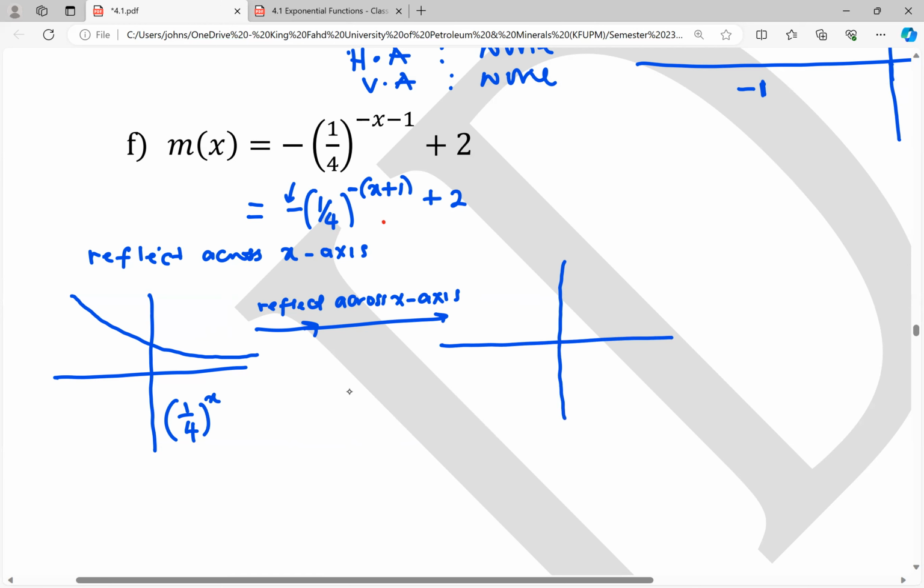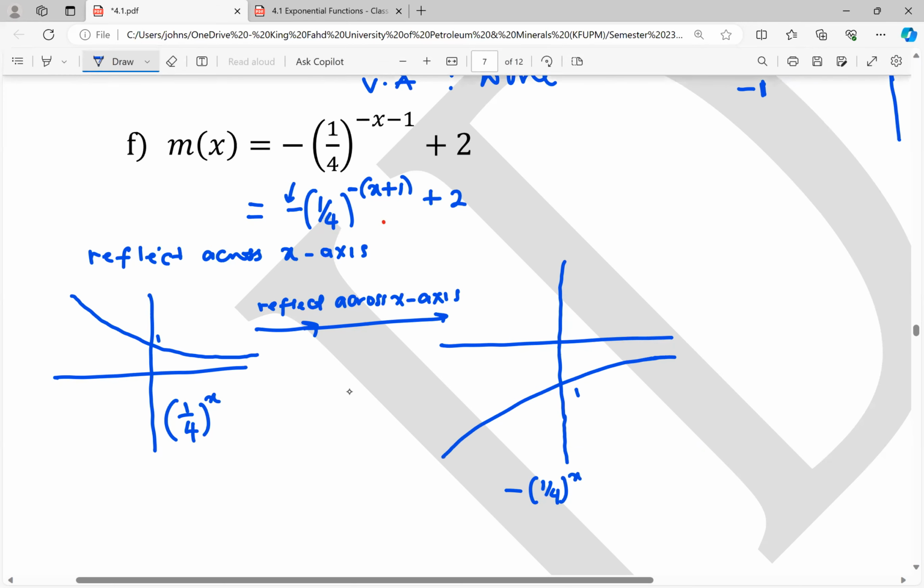Remember this is 1, so it is going to come to minus 1. So this one is minus 1 over 4x.